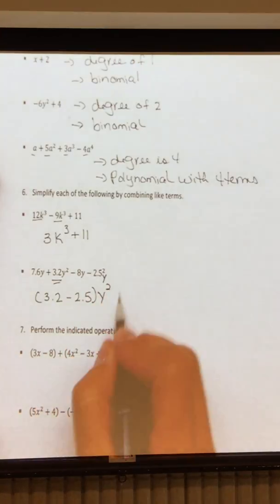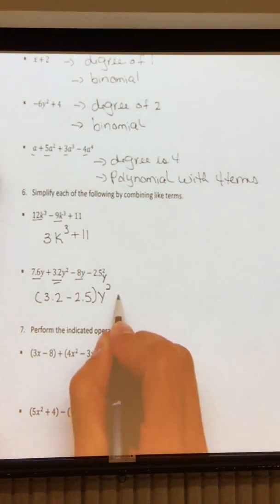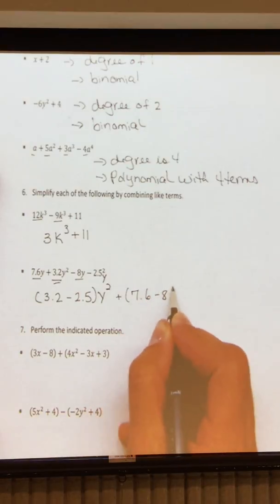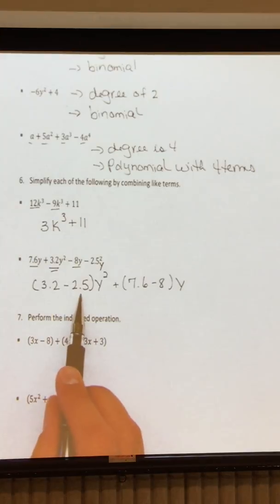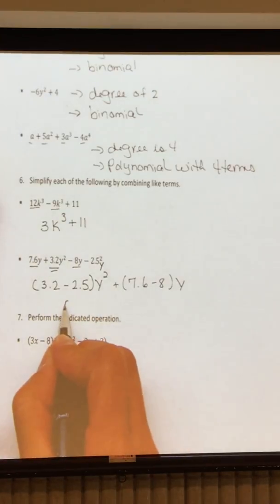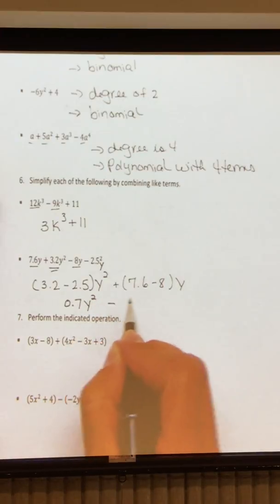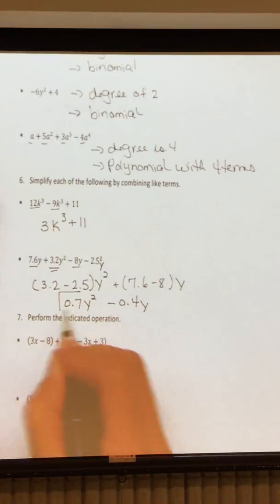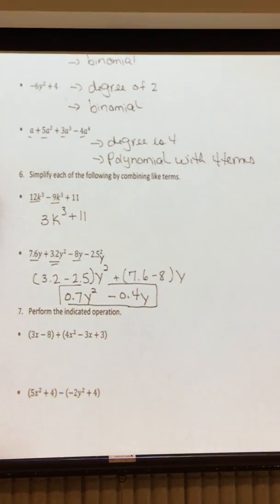And then the y, you just have 7.6 and negative 8. So plus 7.6 minus 8y. Now let's combine. 3.2 minus 2.5 is 0.7y squared minus 0.4y. And that is our answer in simplest form.